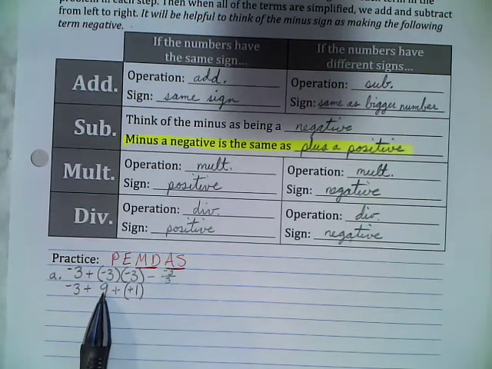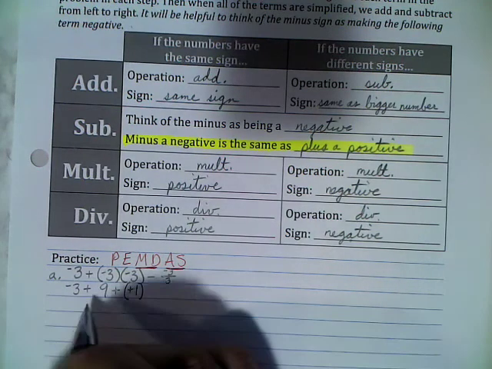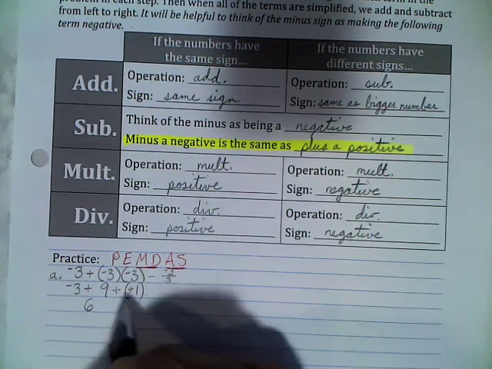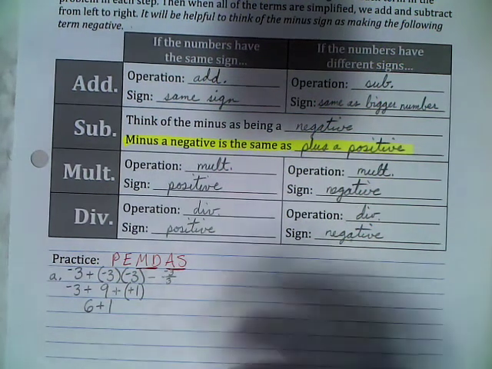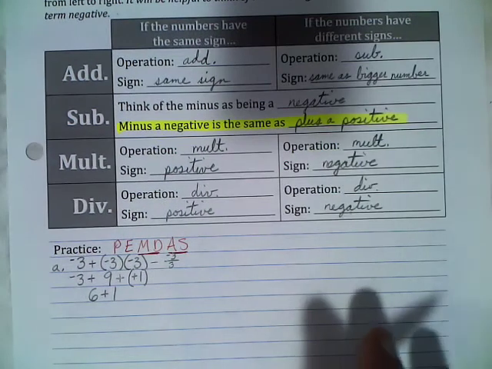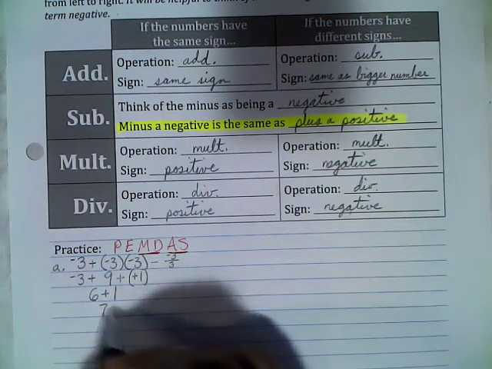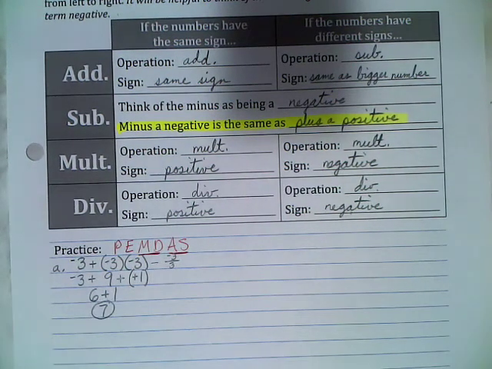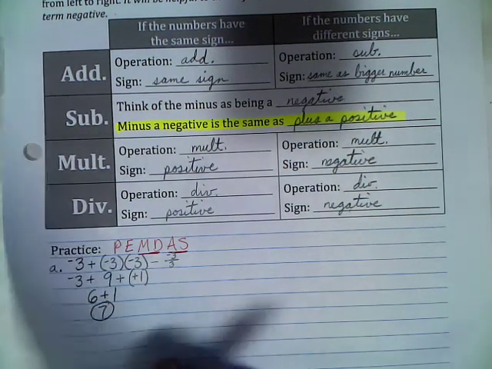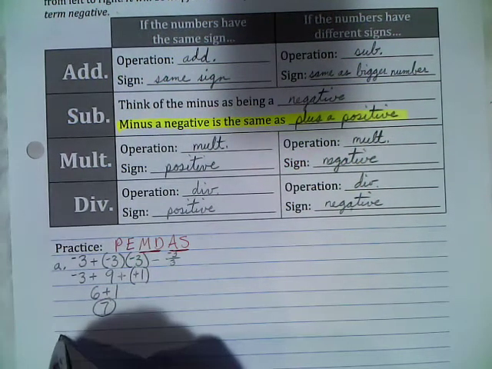Well, the +9 is the bigger, so that'll make it a +6. So this is a +6 plus, well, that's just a +1. So it comes down to really just 6 plus 1. 6 plus 1 is 7. And that's letter A. So moving on to letter B.